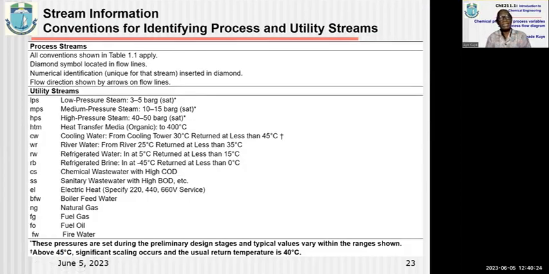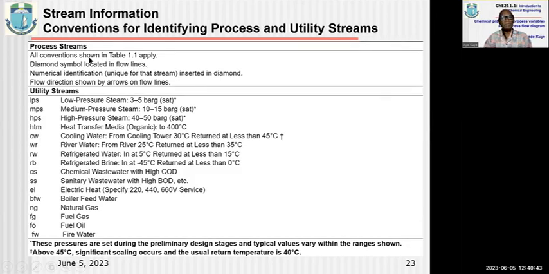So you can see again here the conventions for providing the stream information. For the process streams, we've already seen that one earlier on.